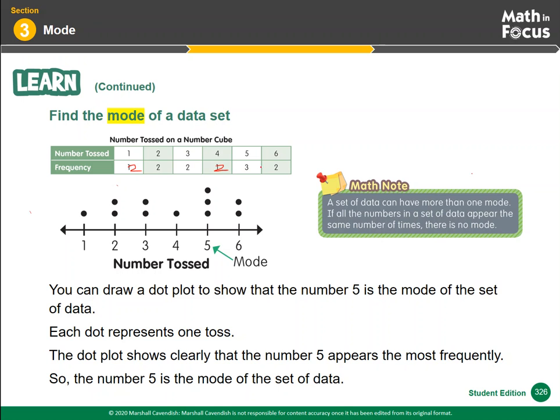You rolled each one 2 times. Now that would be cool, but it would create a situation where you have no mode, right? Because they all have 2, so they're all equal in how many times that number appeared in the data set.